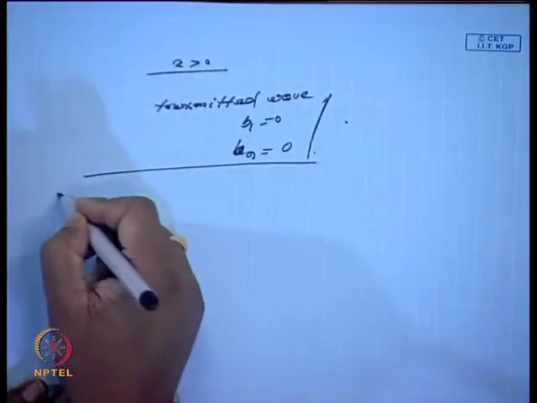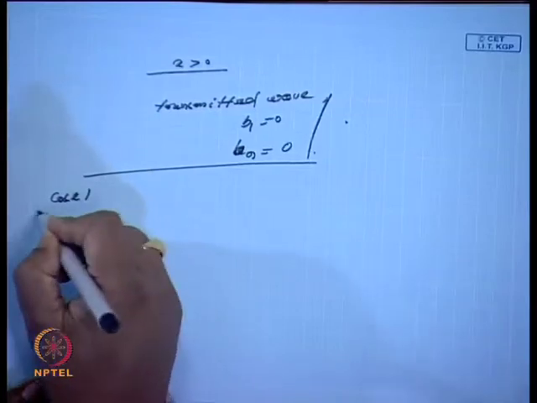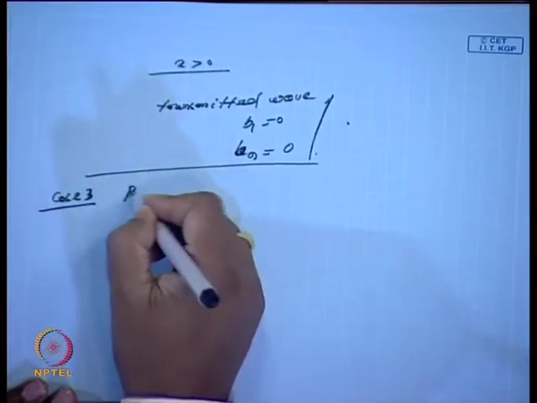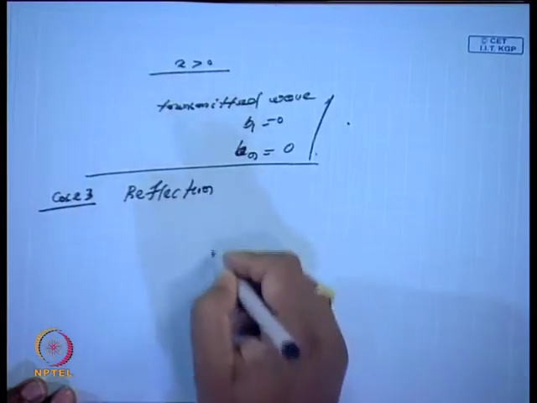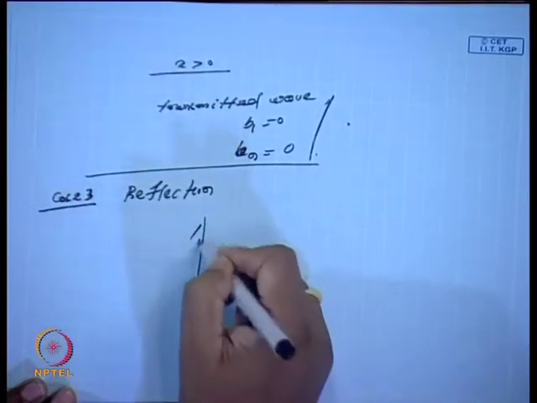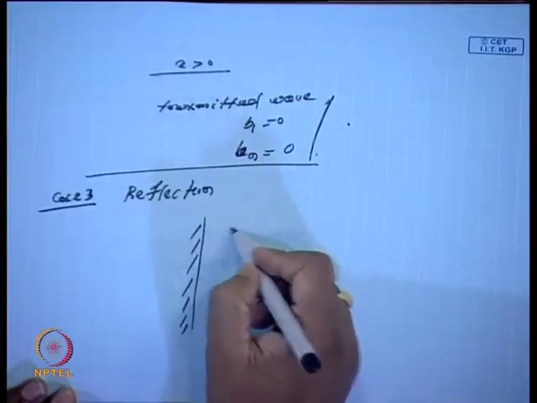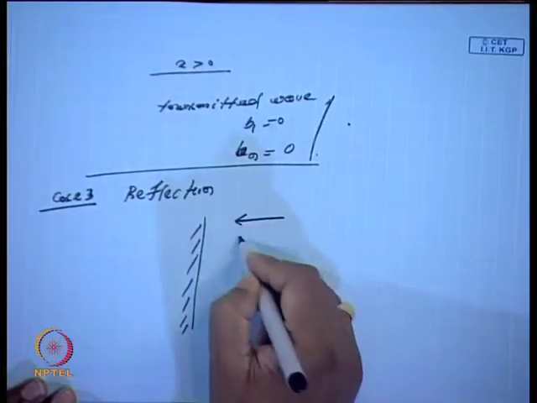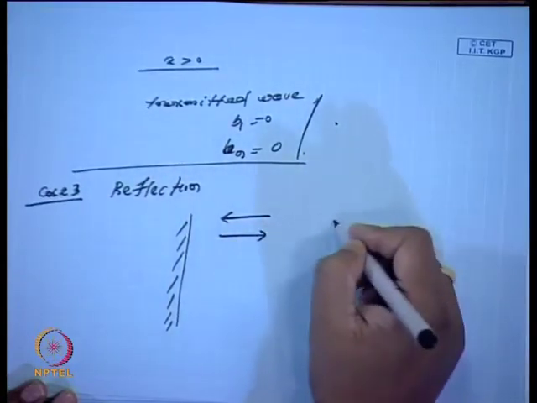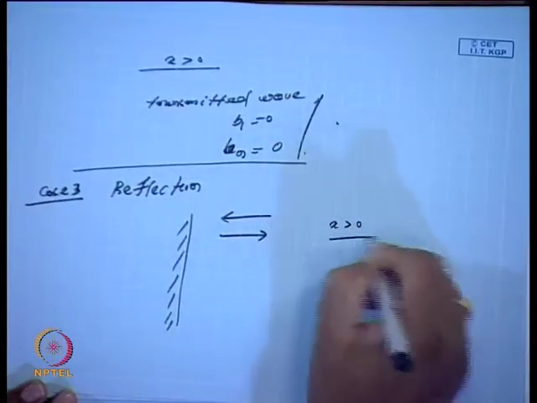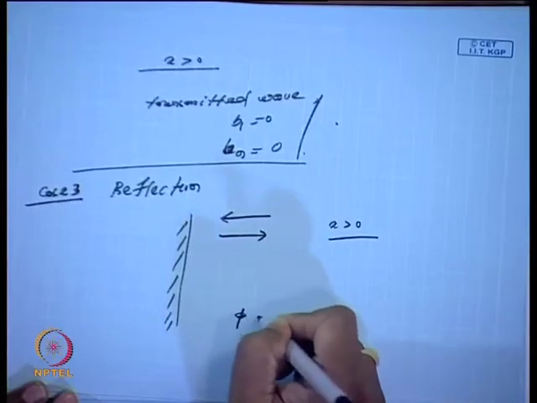Now I will go to the third case, and then I will come to the problems one by one. Case 3: in the case of reflection, suppose I have a rigid wall, and one incoming wave is coming, then there will be outgoing waves. Suppose the profile is for x greater than 0. What will be the general form of phi?